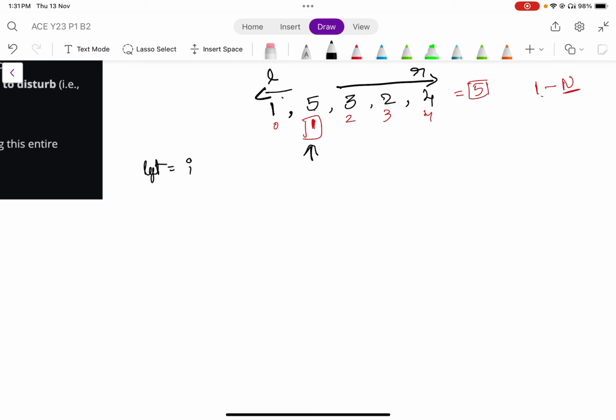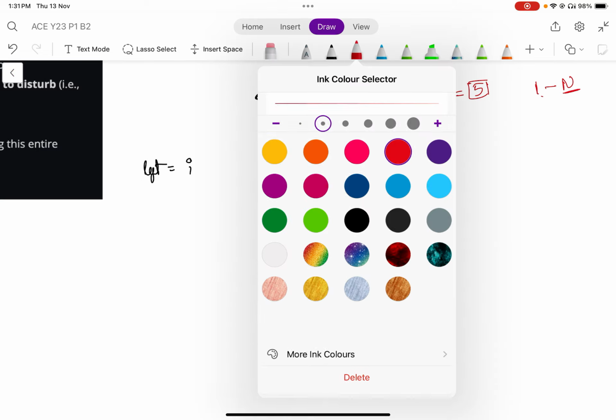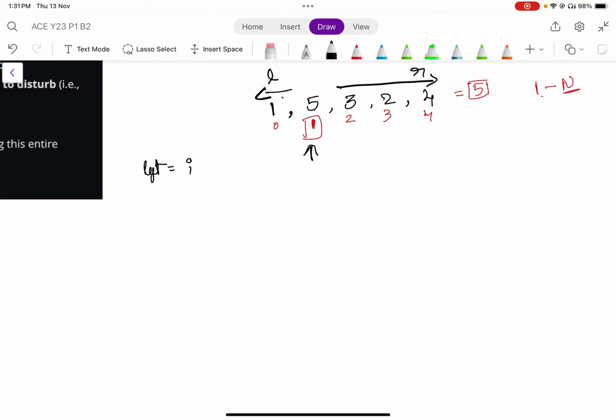So now the point is how we can find how many people are present in the right direction as well. So how can we find that? We need to find this span. How many people are present in this span, right? So answer this question: do I know how many people are present in the entire array?